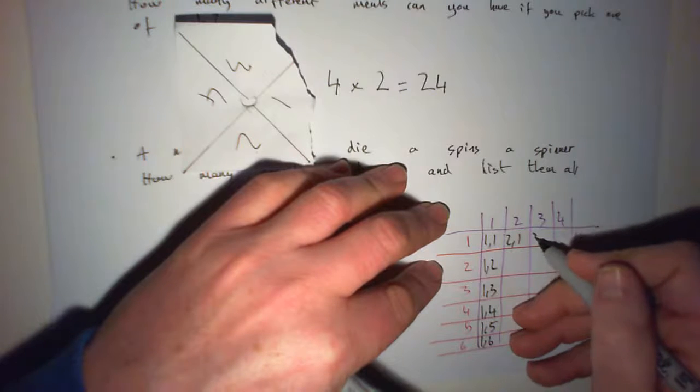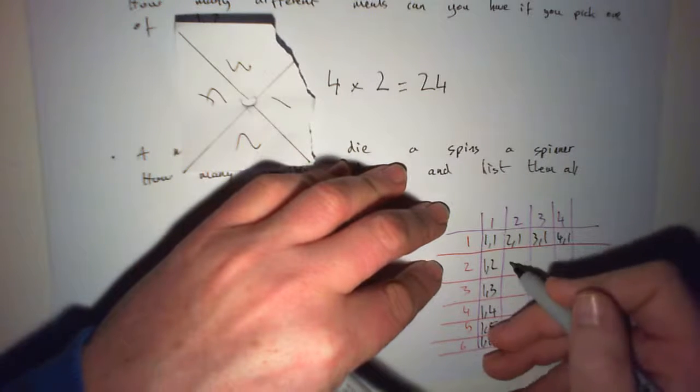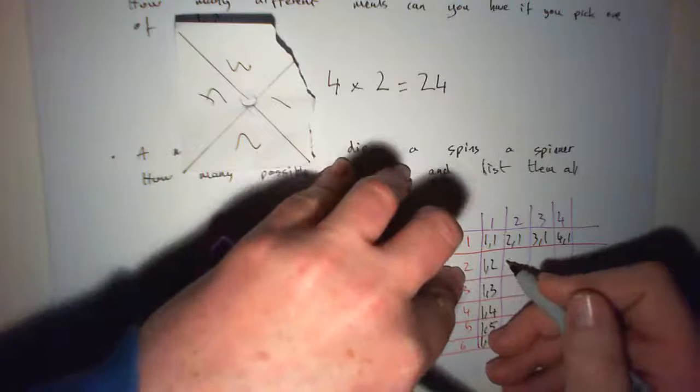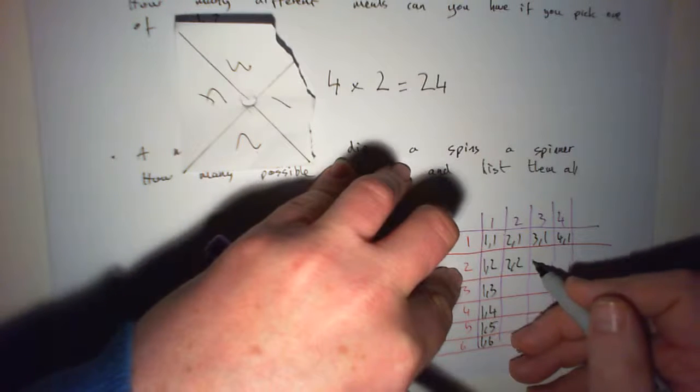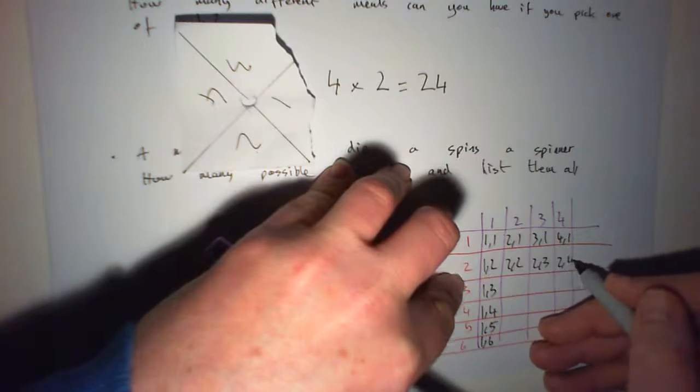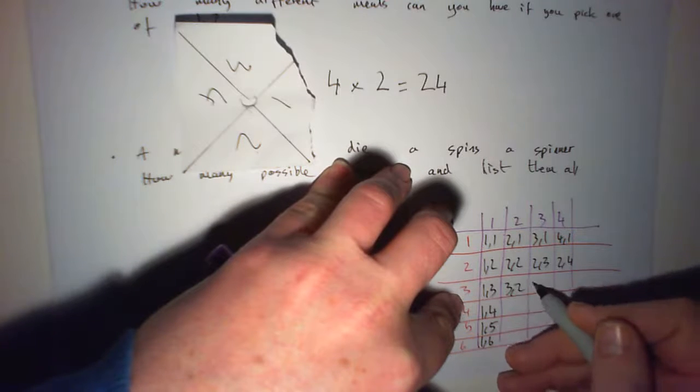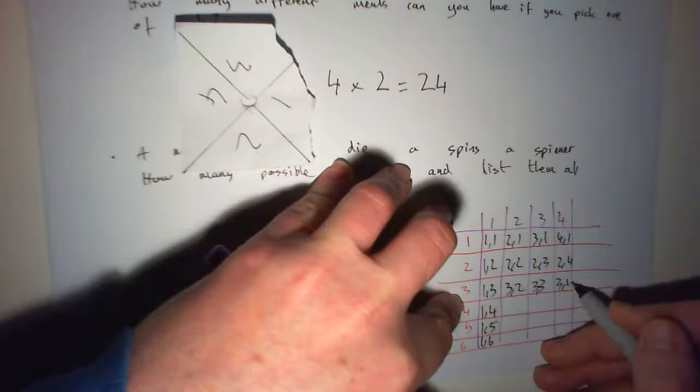2, 1, 3, 1, 4, 1. What's this? 2, 2. 2, 3, 2, 4. 3, 2, 3, 3, 3, 4.